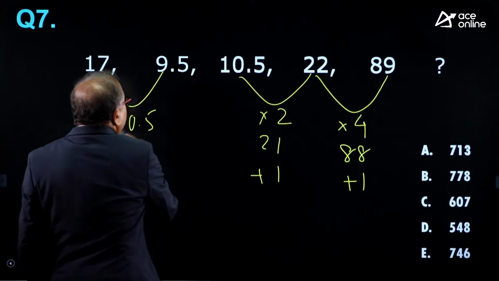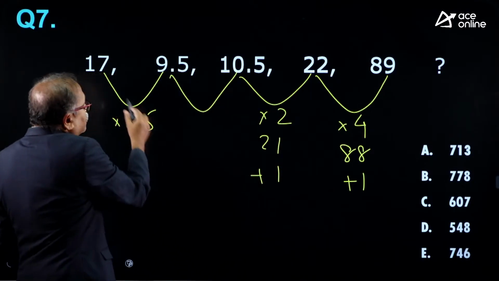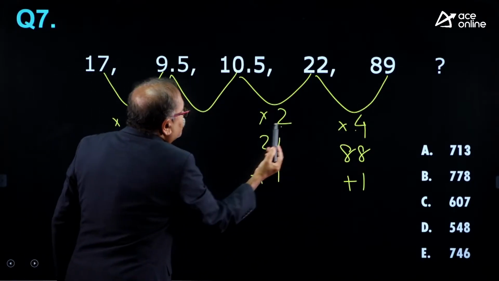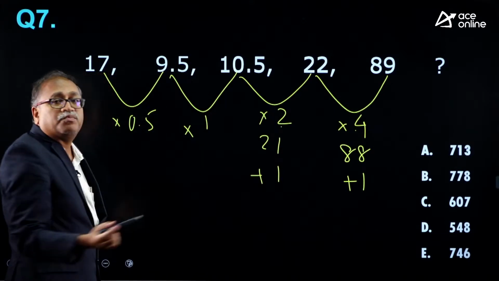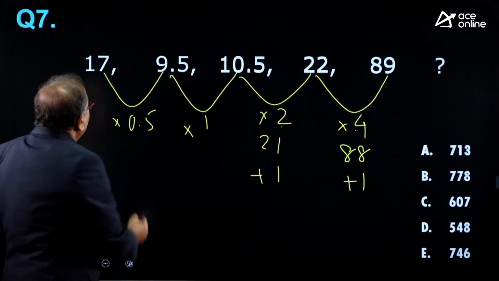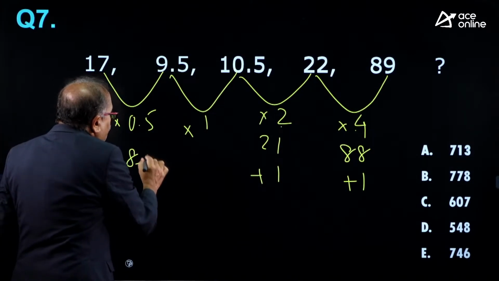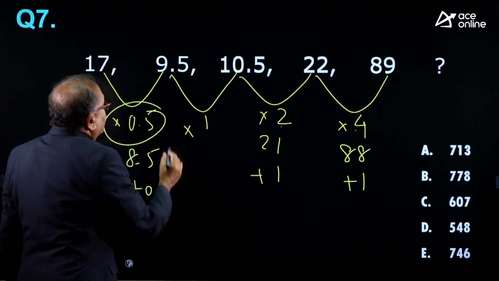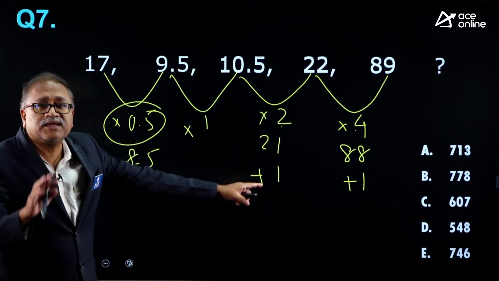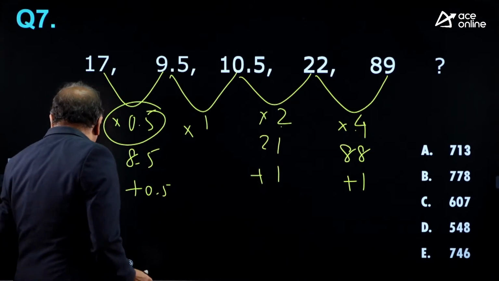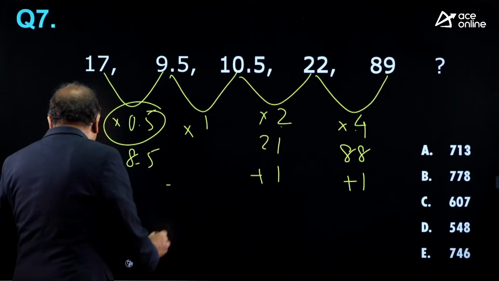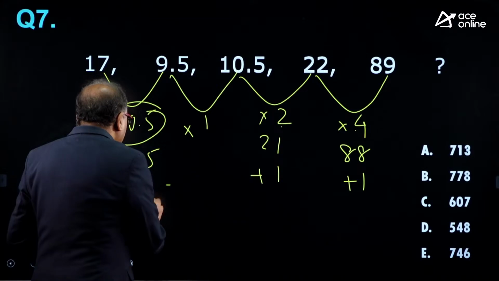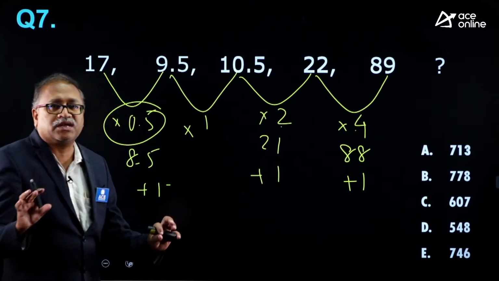Now, what about this number here? Into 4, into 2, into 1, into 0.5. So, into 0.5 I will be getting this one as 8.5, plus this 0.5 over here, I am getting, no, in all the cases plus 1. So, if in all the cases plus 1 is there, go for plus 1 over here. Yes Anusha, you must have done it this way.